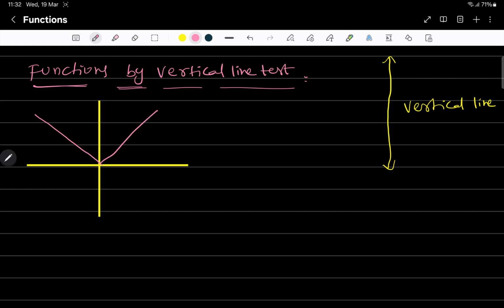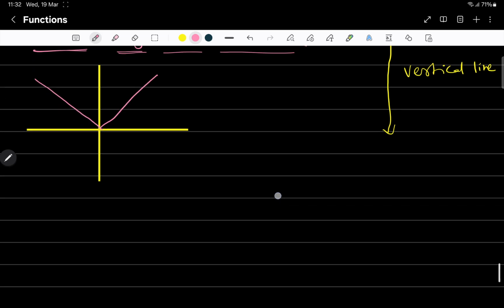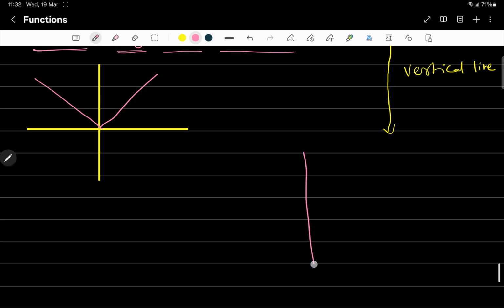This is first graph, and one more graph I will sketch here. This is second graph. Okay, this is x-axis and this is y-axis.